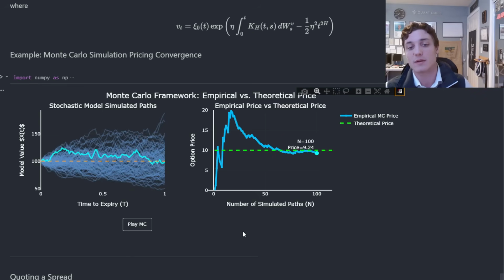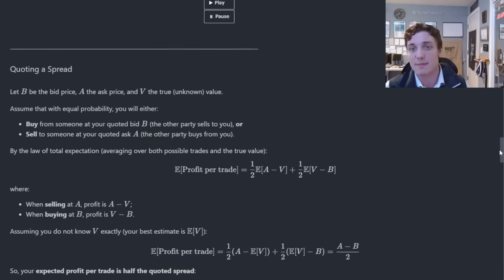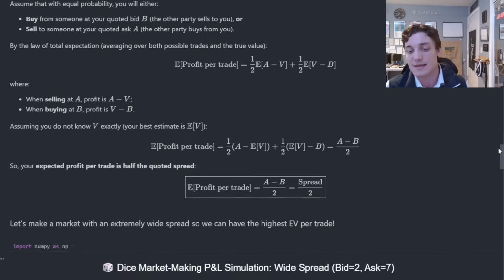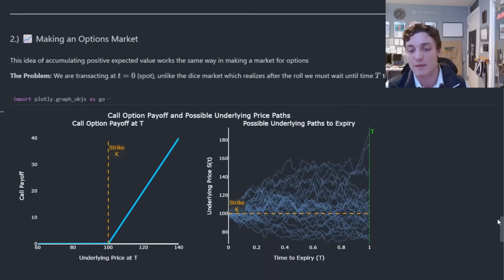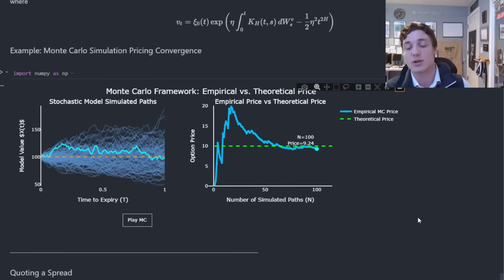And what you're going to observe here is if I continue to observe the payoff at that time capital T in the future, discount it back to the present, take the average, I'm going to get similar convergence to what we saw in the dice market example with the mean of the dice. And that is exactly what we're seeing here, given the dynamics of the model. They are fixed for that parameter set, and we are certain that the price will then converge to the theoretical price under those parameters by the law of large numbers.